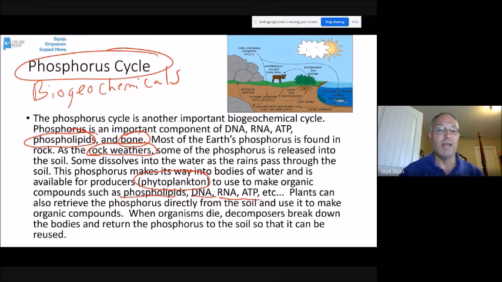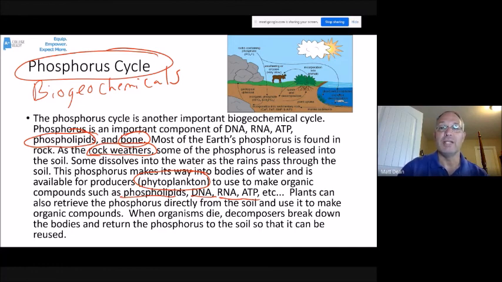And then when they die, decomposers break down their bodies and put phosphorus back into the soil. We as animals get our phosphorus from eating plant-based materials or other animals that ate plant-based materials. Eventually, as the organisms die and are decomposed, some of that decomposed phosphorus remains in the soil.